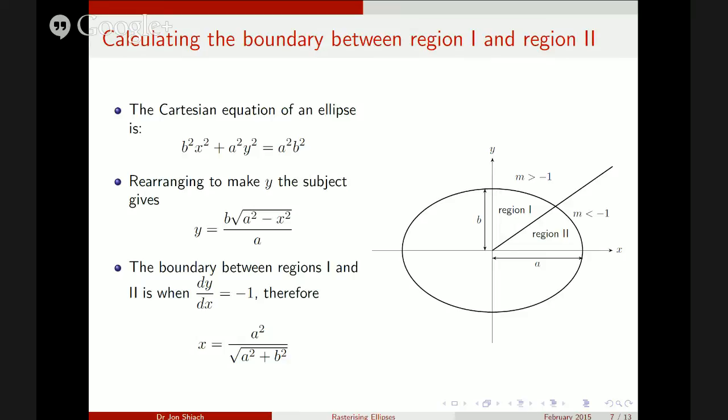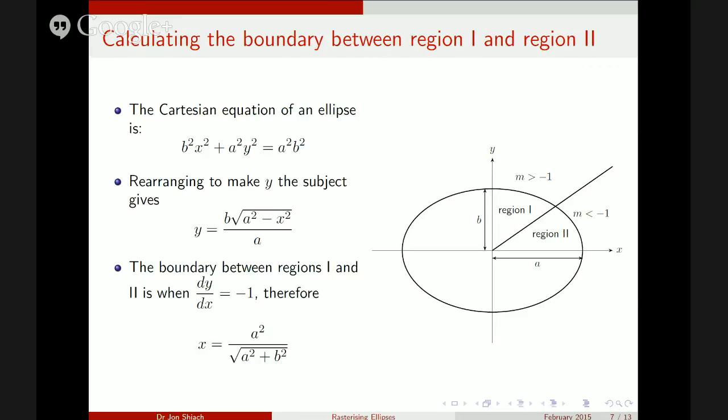We need to know what the value of x is when the gradient is minus 1. So when the gradient is minus 1, we have minus 1 equals minus bx over a squared minus x squared to the power half. Multiply both sides by minus 1, multiply both sides by the denominator, rearrange, make x the subject.